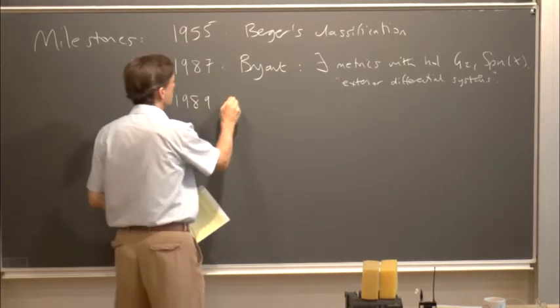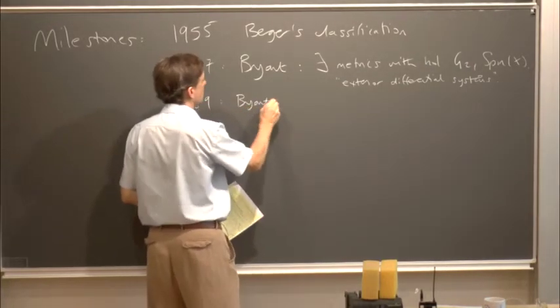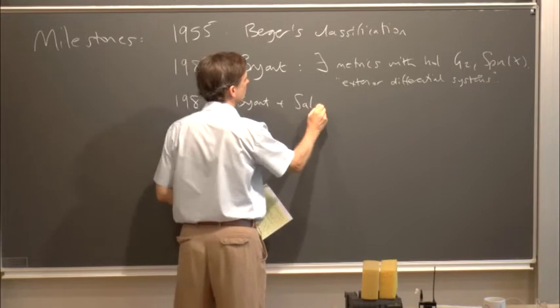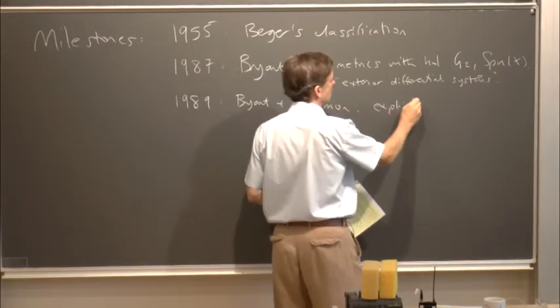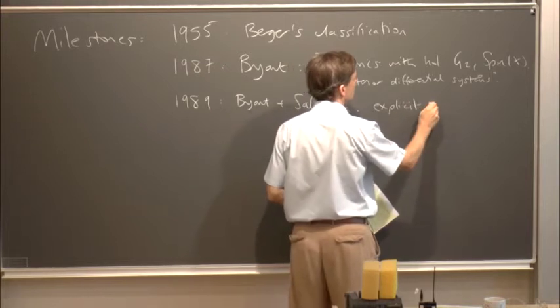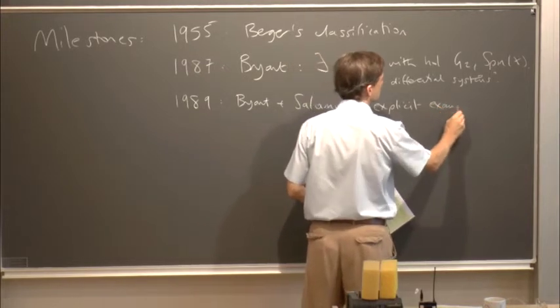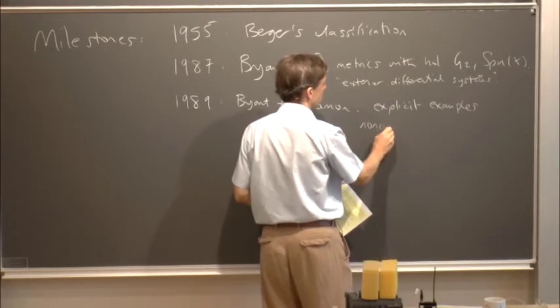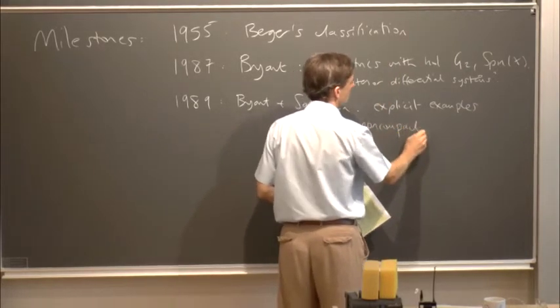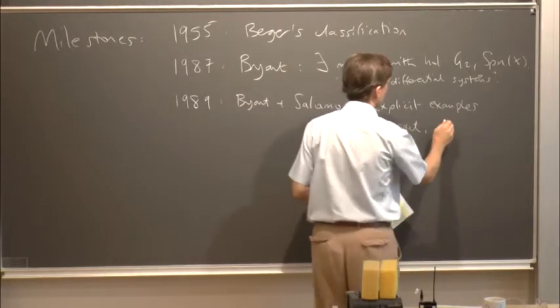Okay, in 1989 rather, Bryant and Simon Salamon found explicit examples of metrics with holonomy G2 and spin 7 on non-compact 7 and 8 manifolds, including complete examples.